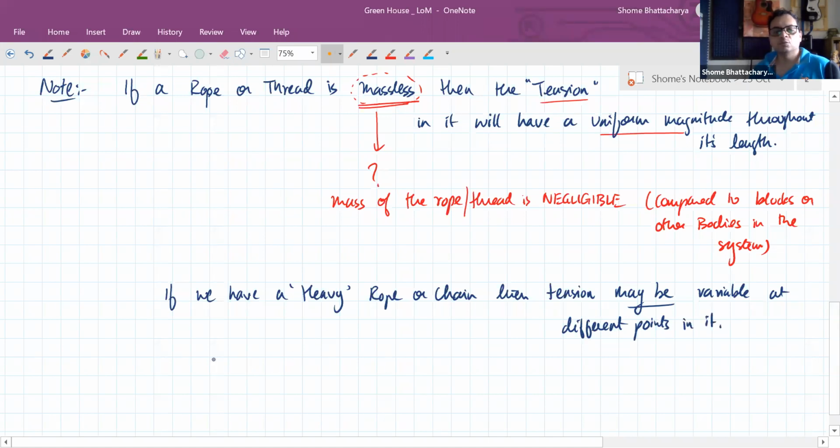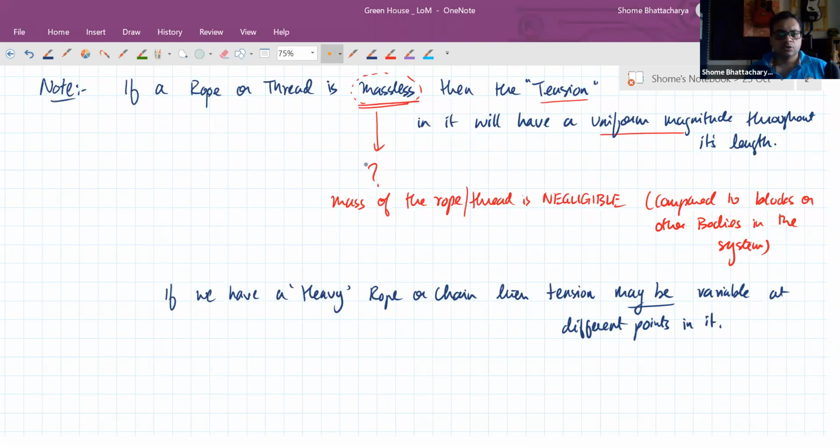But at the moment we are not really concerned with the second point. We are concerned with the first one, that if we are dealing with a massless longitudinal material, like a massless thread or a massless rope or a string or something like that, then the tension throughout it will be uniform. Then we'll come to the case where tension may be variable in a heavy rope or a chain. So just make a note of this point first.